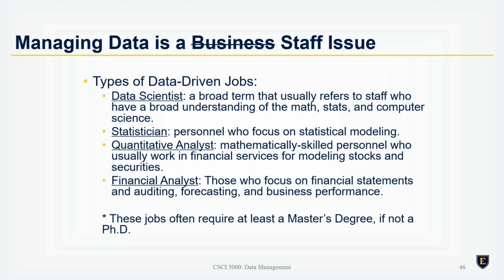A statistician is a person who focuses on statistical modeling in order to derive information. Quantitative analysts, this is someone who's mathematically skilled and works in financial services for modeling stocks and securities and things like that. And a financial analyst is someone whose focus is financial statements and auditing, forecasting, and business performance.